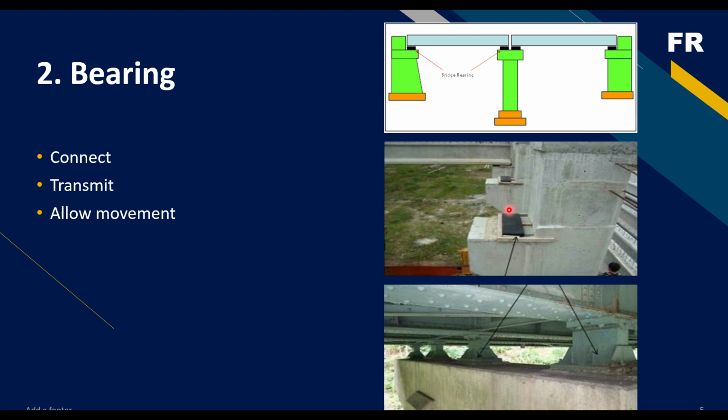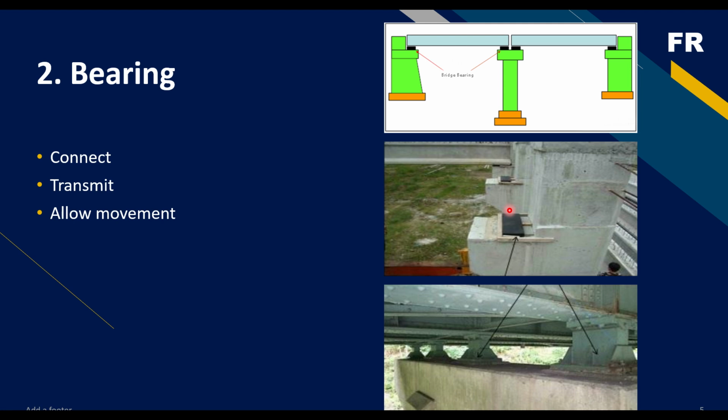purpose that the bearing serves is that it transmits the load from the superstructure to the substructure. Since it connects, therefore it has to transmit load, and then it also allows for some translational movement and some rotational movement. This is usually done where there's no rigid connection between the superstructure and the substructure.